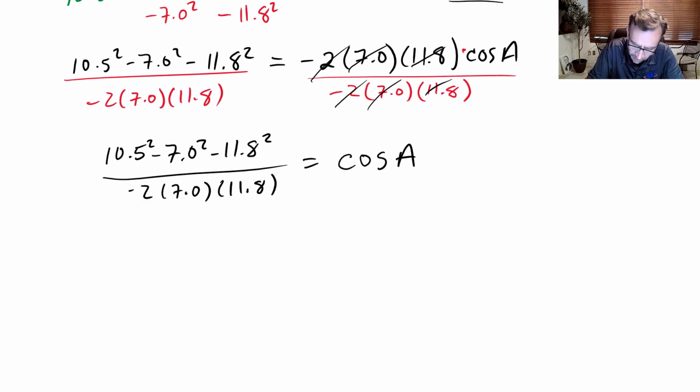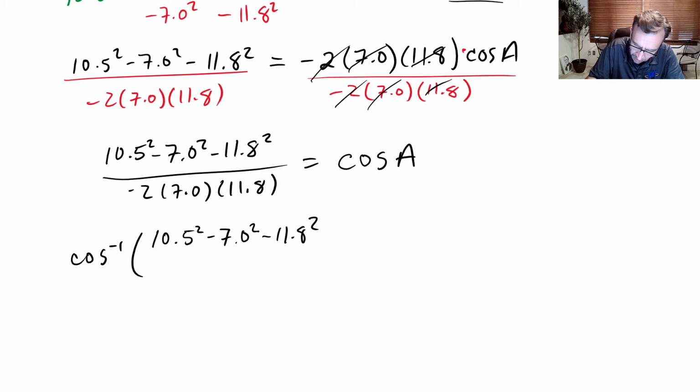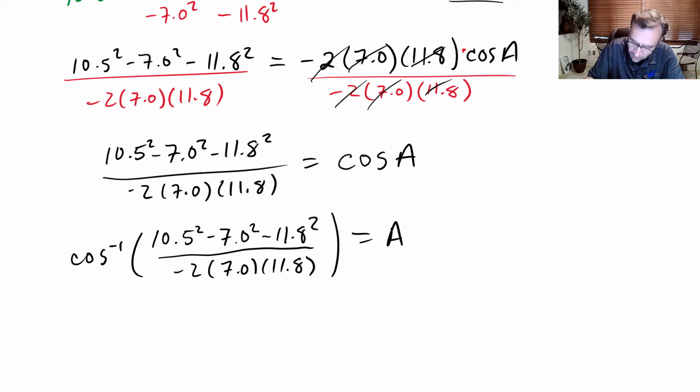All right, and then at this point, we'll take cosine inverse of both sides. Now, it turns out you don't have to worry about two solutions when using cosine inverse. That second solution will always be too big. So there's never any ambiguous case. You can trust your calculator just by typing in cosine inverse of that ratio.